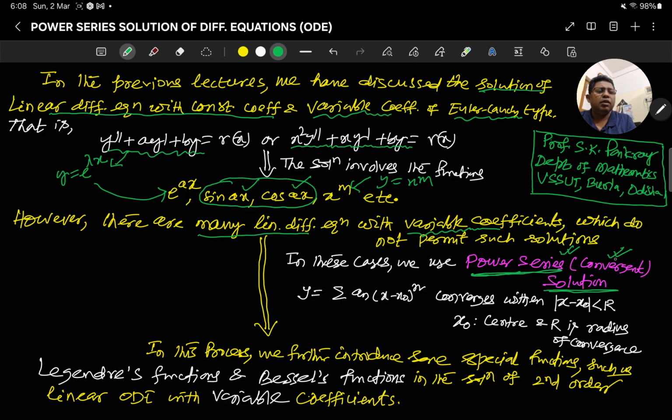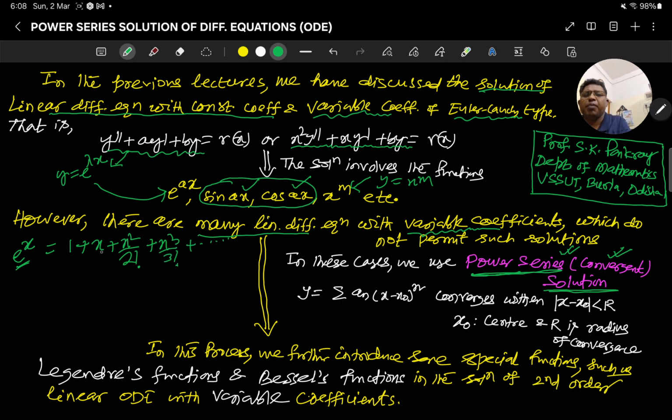So while we talk about a power series, for example, suppose I say e to the power x. This is a function, and the Taylor series expansion of this is 1 plus x plus x square by factorial 2, so on, x cube by factorial 3, is it not?